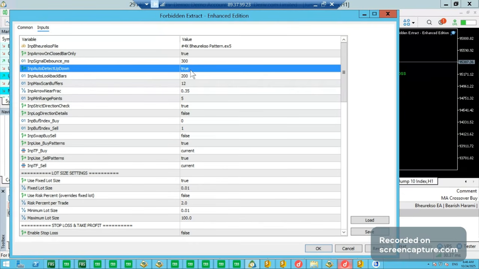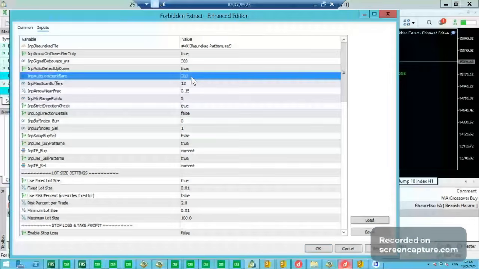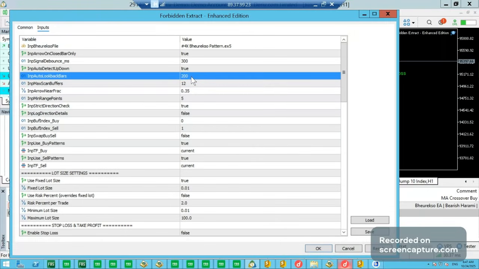So the next one is input auto look back bars. This checks the historical bars to analyze during auto detection. The more you increase this, the more historical bars it analyzes.